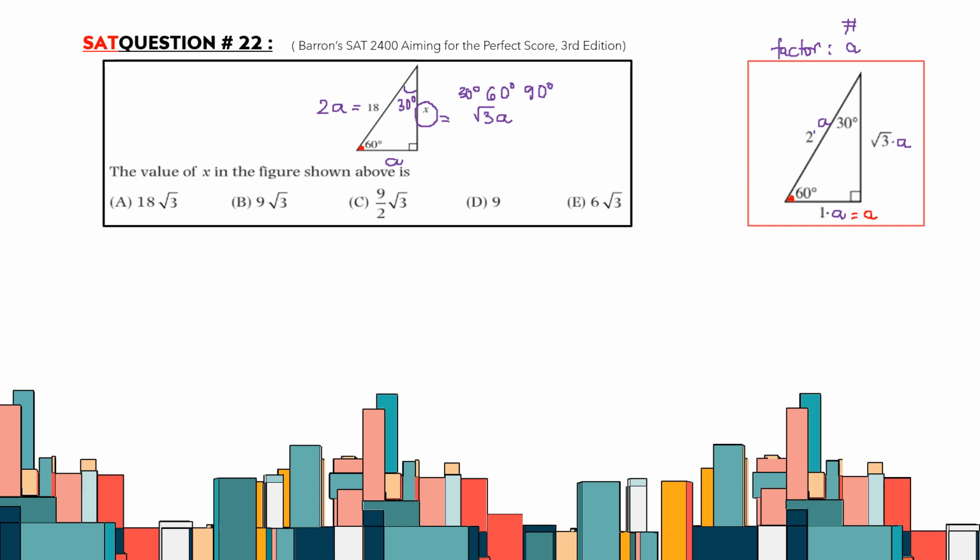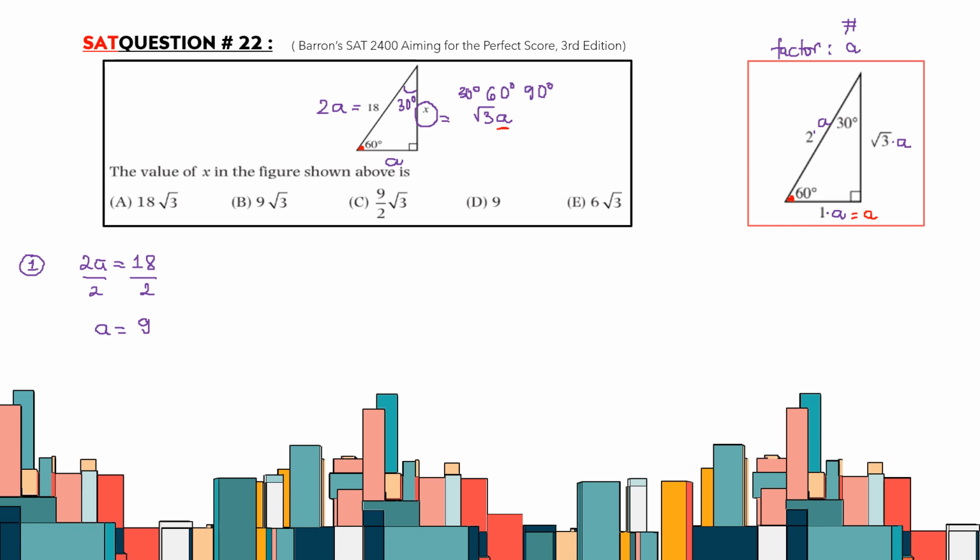And to find x, we have to find what a is. So we have 2a equal 18. We can solve for a by dividing both sides by 2. So we have a equal 9.